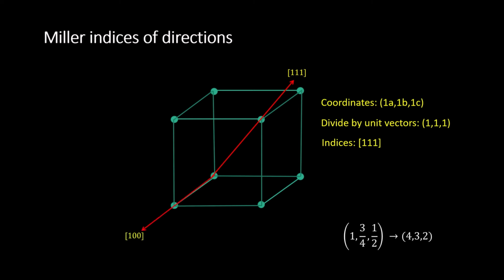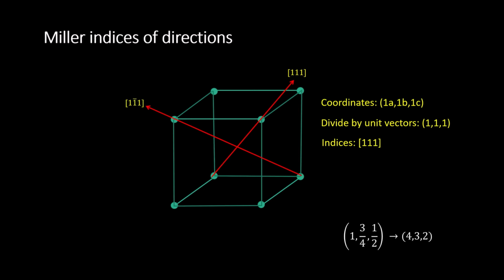Some other basic directions are also shown here. See, this [100] is a direction along the x direction of the crystal axis, and [010] is a direction along the y axis, and this particular direction shows [1 1-bar 1].